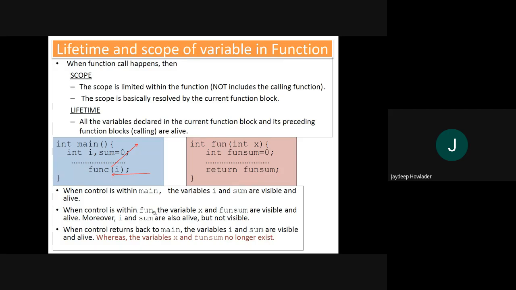When control goes to the func, the variable x and the variable func sum are defined within the function, so their scope is available and their lifetime is valid. But when the control returns from func to the main, these variables x and func sum are destroyed and their scope is also invalid. Okay.